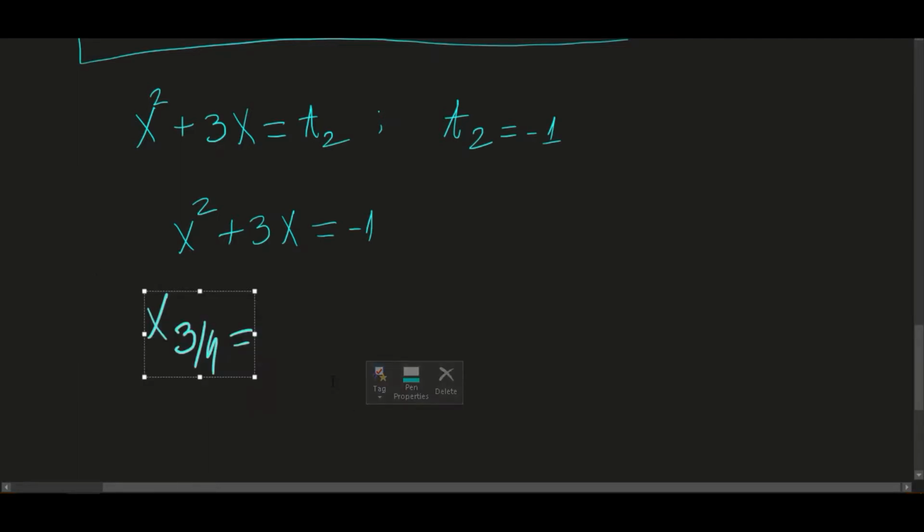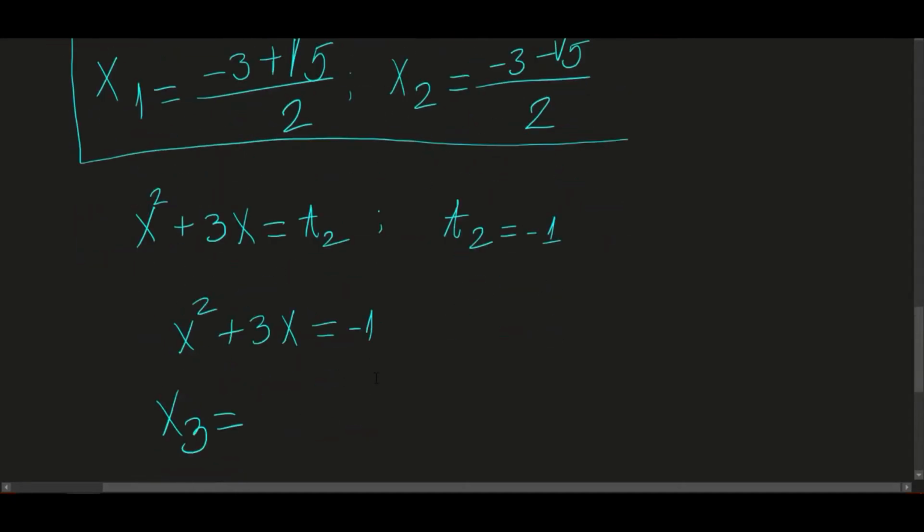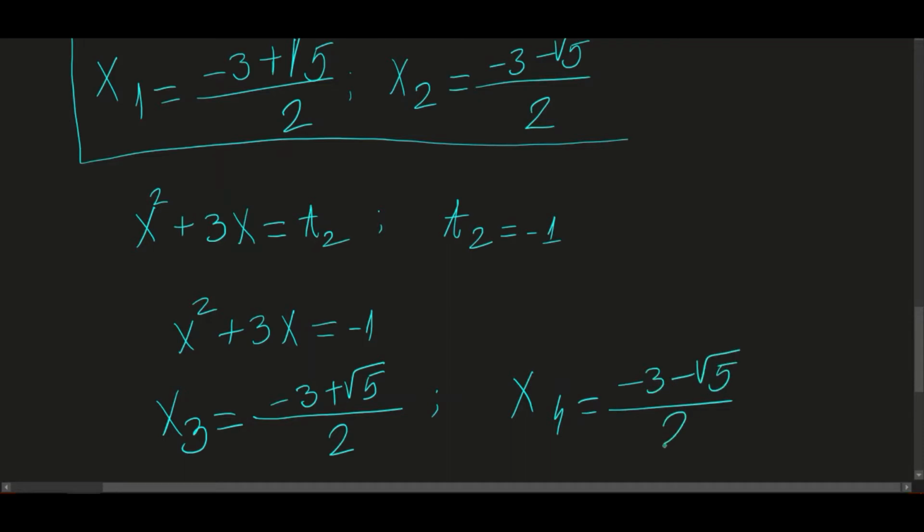We will have x3, which has value (−3 + √13)/2, and x4 is (−3 − √13)/2.